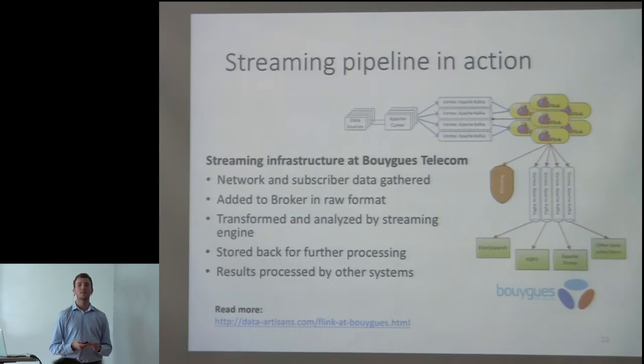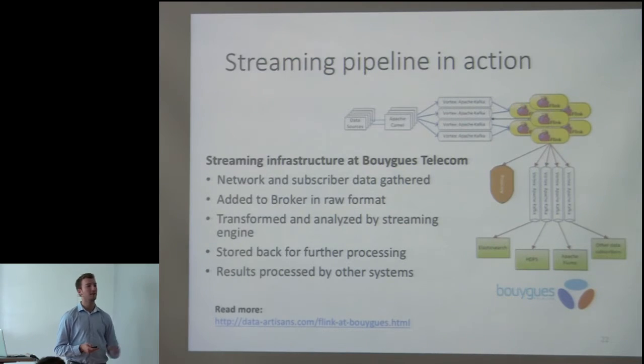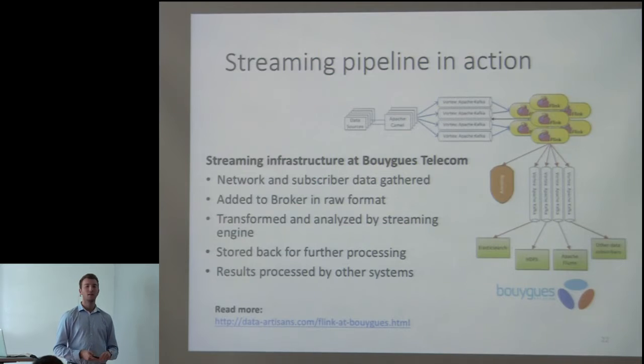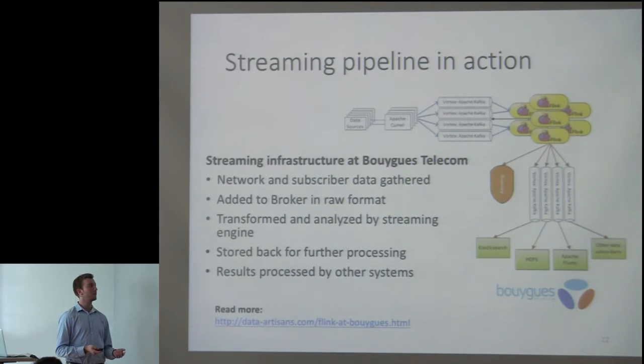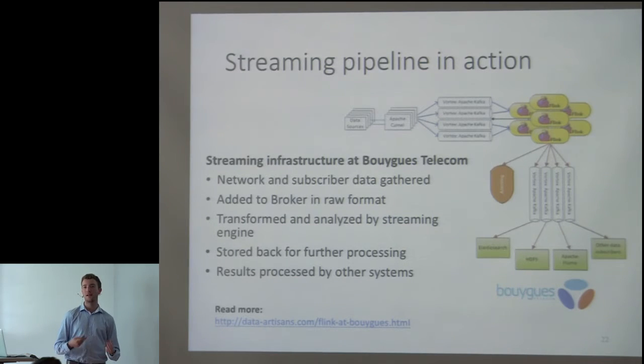So the way the pipeline is assembled at Bouygues Telecom is that they take their data streams, use Apache Camel as their integration framework, and feed the data into Apache Kafka. To this data, they deploy a Flink processing job that will analyze the incoming streams, generate some statistics, and also trigger real-time alerts in the system.